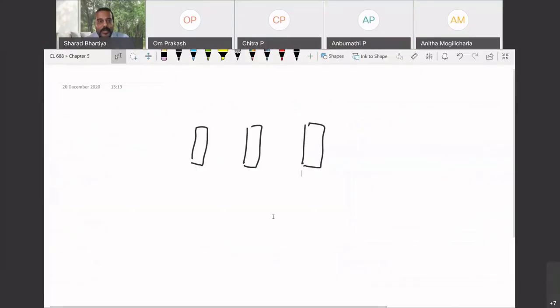Are you able to see this OneNote? Yes, sir. Okay. So I'm trying to draw an MLP. So see, this is one weight. These are another set of weights. You're going from layer to layer.